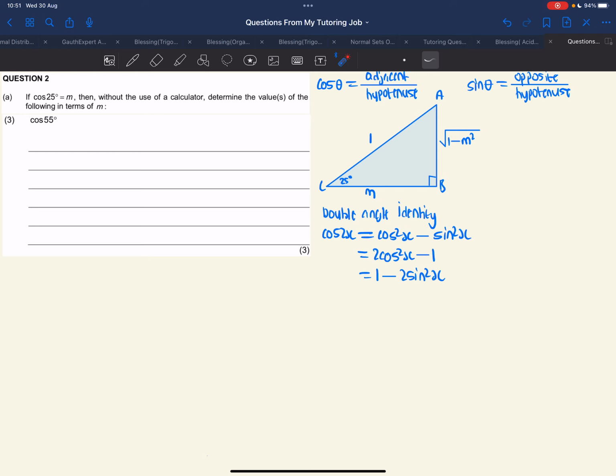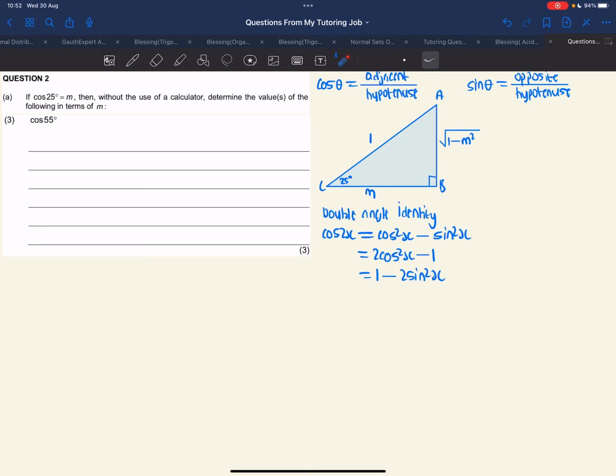Now if I try some quick calculations, let's just say you said 90 minus 55. Can you see that it gives you 35? So it's not giving us 25, so we can't work with 90. Let's try working with 60. If you say 60 minus 55, it doesn't work out, it gives you 5.